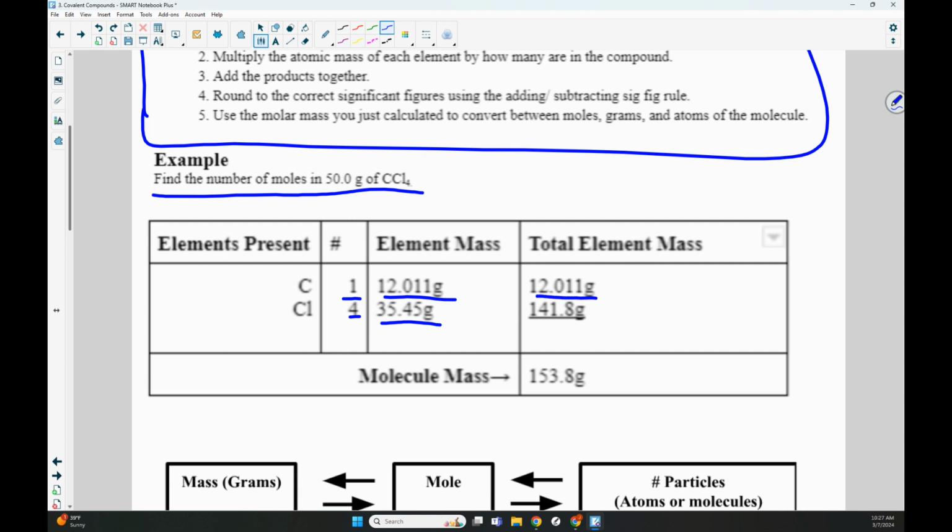And I have 4 atoms of chlorine, so I multiply 4 by the mass of chlorine, which is 35.45, and I get 141.8 grams.